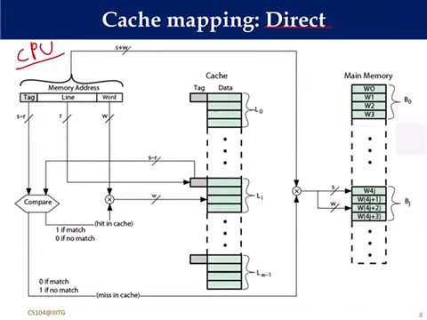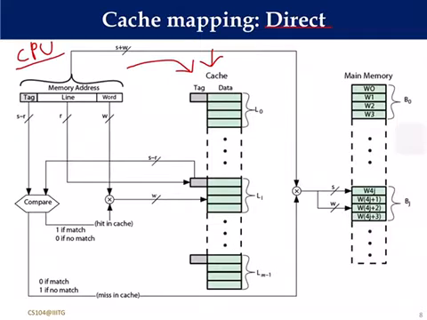That something can be an instruction, or it can be data. Looking at this memory address, we have to decide where in the cache this particular thing can belong. So how will you do that?